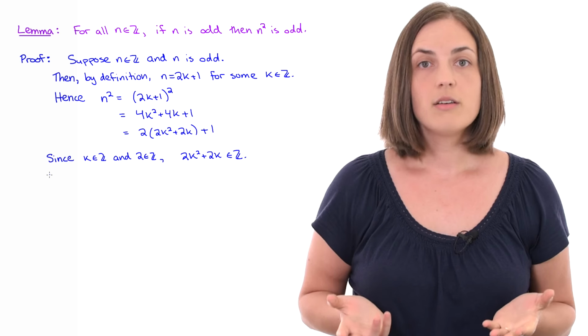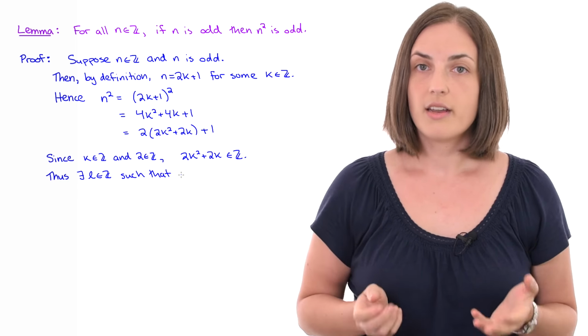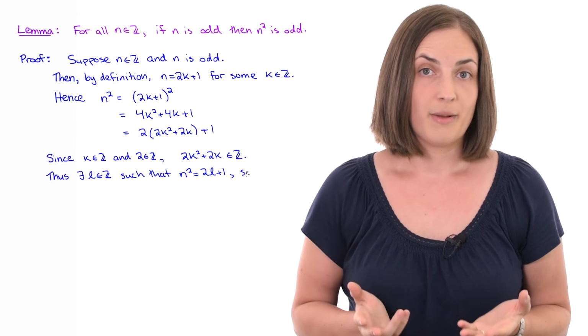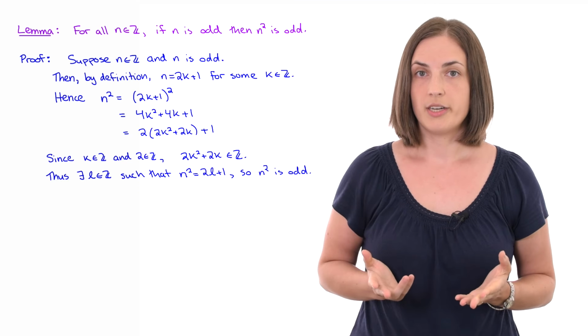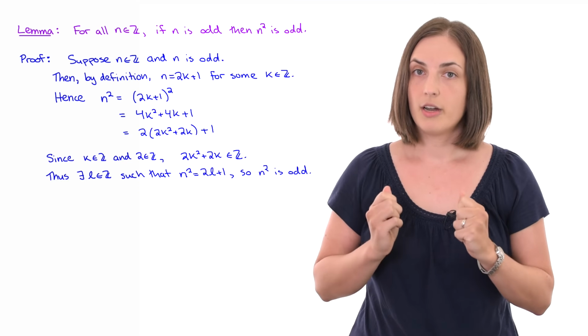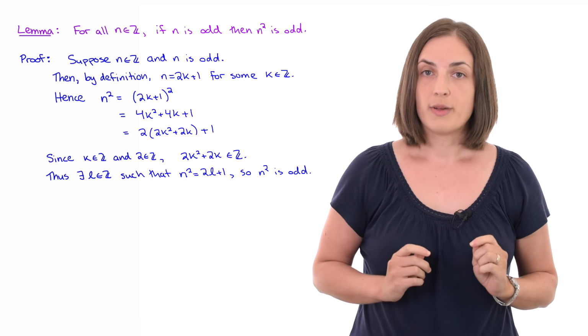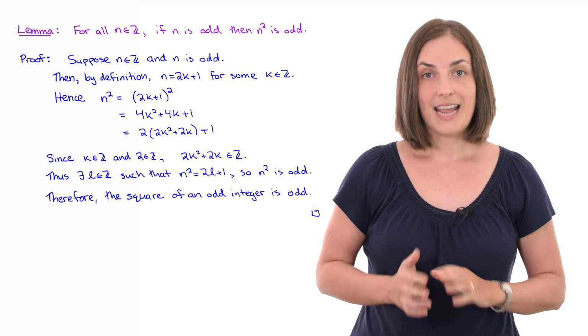What does this all mean? Well, it means that there exists some integer L such that n squared equals 2L plus 1, and therefore by definition, n squared is odd. So what we have just demonstrated is that if we take any odd integer, its square is odd. So we'll conclude our proof by saying, therefore, the square of an odd integer is odd, and this completes the proof.